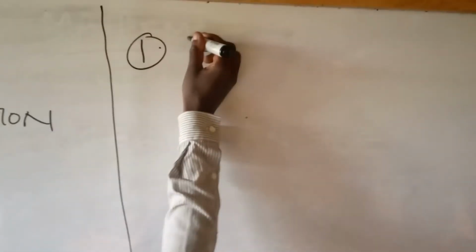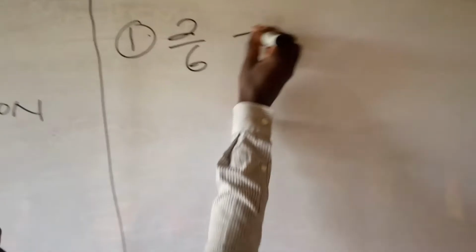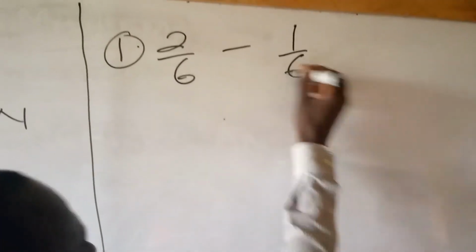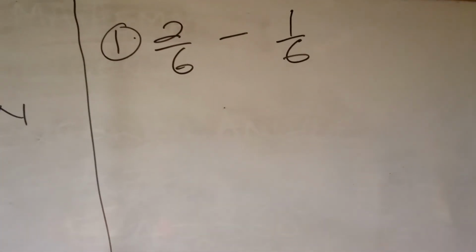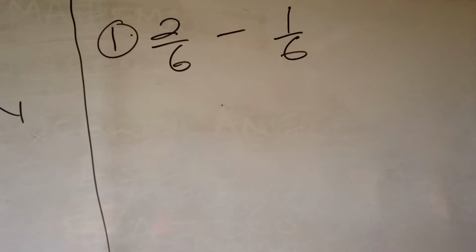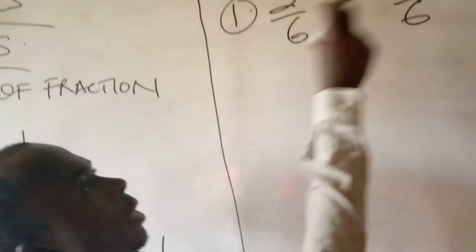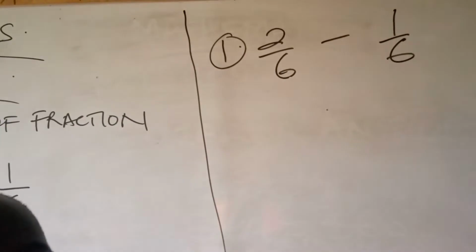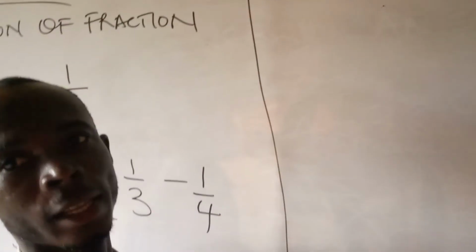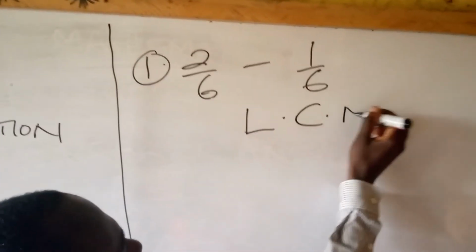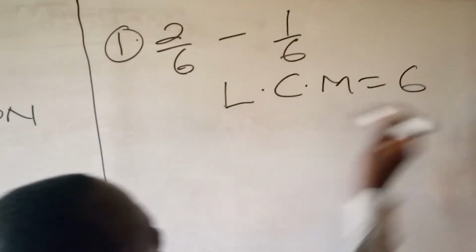Let's take the first example. Example 1: 2/6 minus 1/6. The first step is for us to find our least common multiple. And once you are given same denominators, you choose one of your numbers as LCM. So our least common multiple is 6.